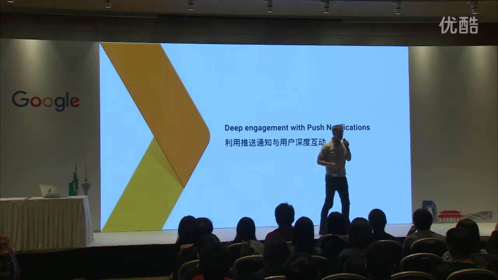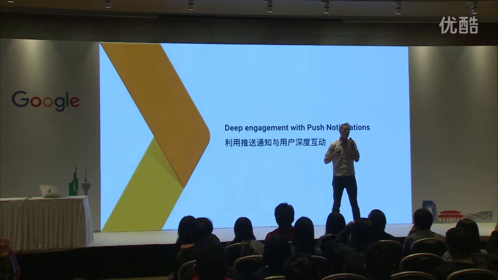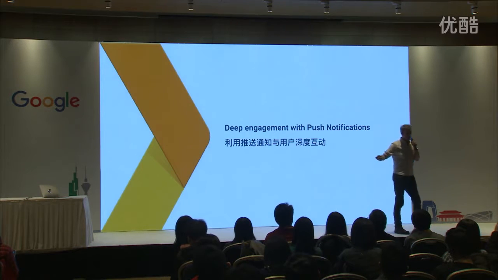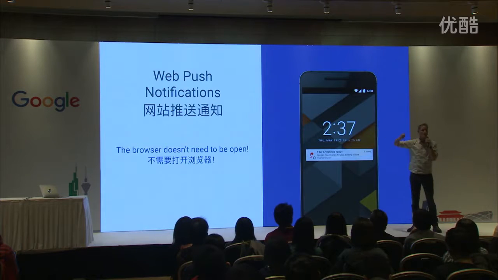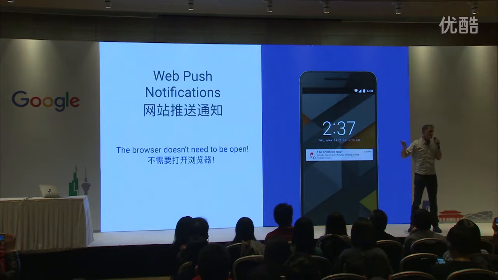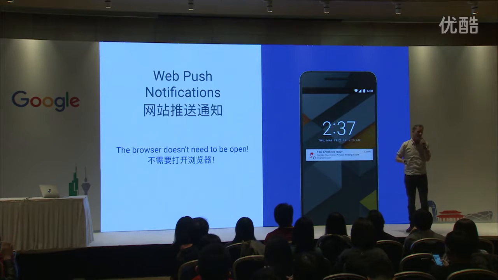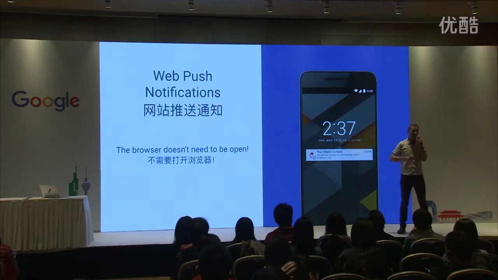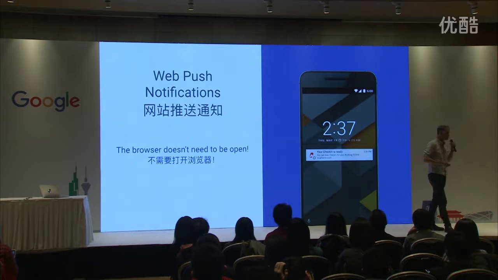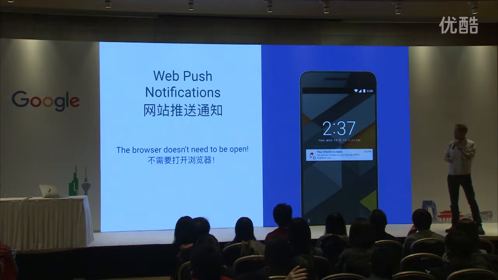Now, I want to talk a bit more about how you can build on engagement with users and re-engage with users using something called push notifications. We've had some kind of push notifications for many years, various hacks, using techniques like long polling or whatever to be able to push content to users.